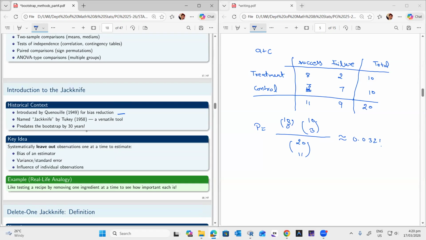He originally proposed the jackknife method to reduce the bias of estimators in 1949. What he did basically, he was estimating the autocorrelation of time series data. The idea was to compute the estimator on subsets of the data and then combine these estimates to cancel the first order bias term. So that was the idea of Quenouille for bias reduction here.